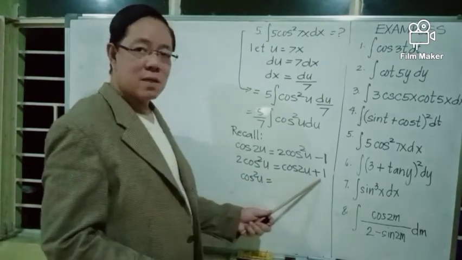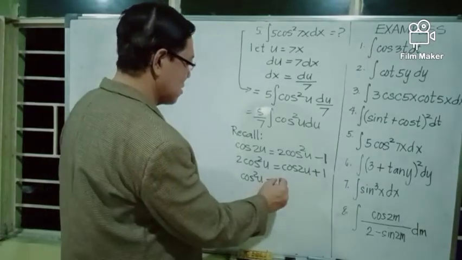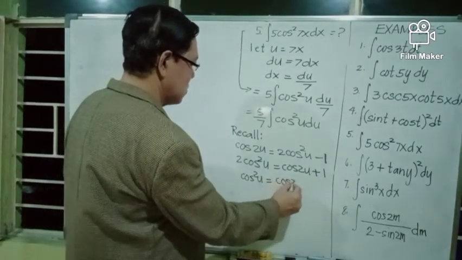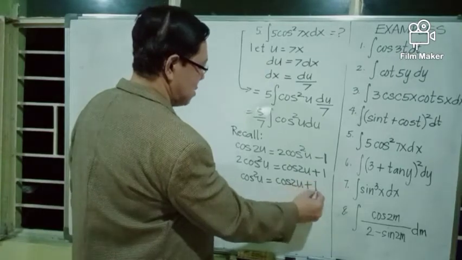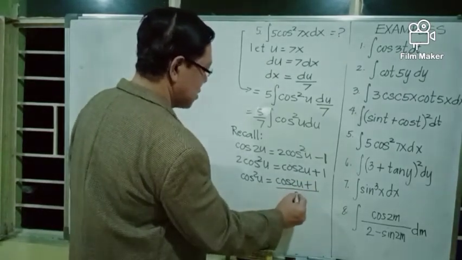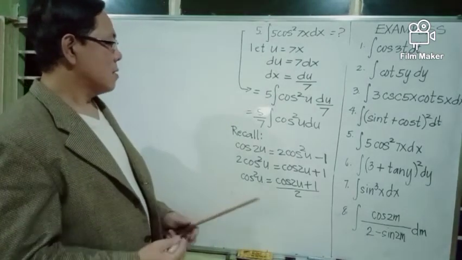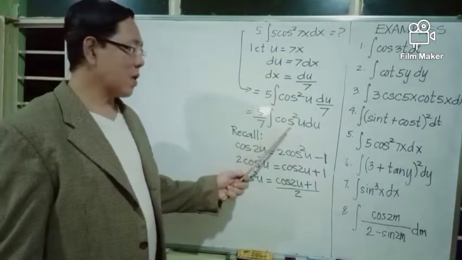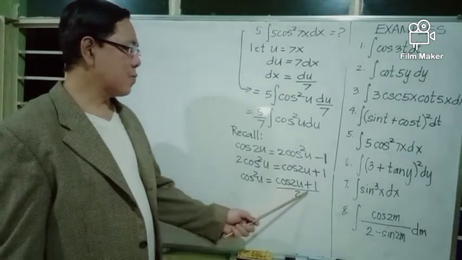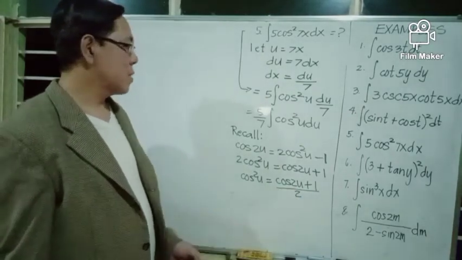We also divide the right hand side by 2. We get cosine 2u plus 1 divided by 2. Hence, we replace cosine squared u with cosine 2u plus 1 divided by 2.